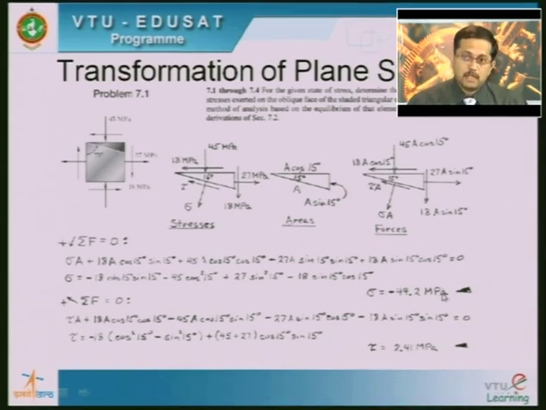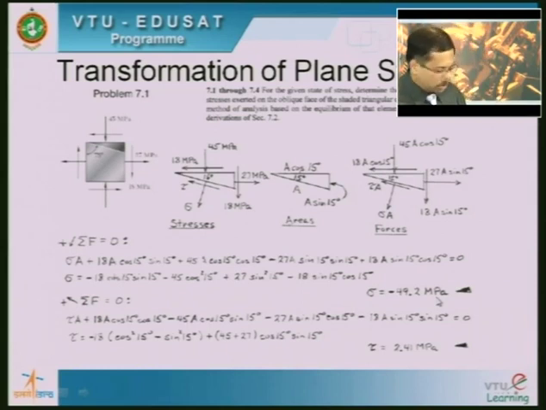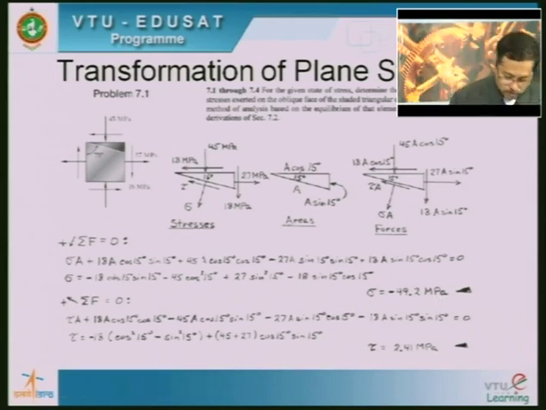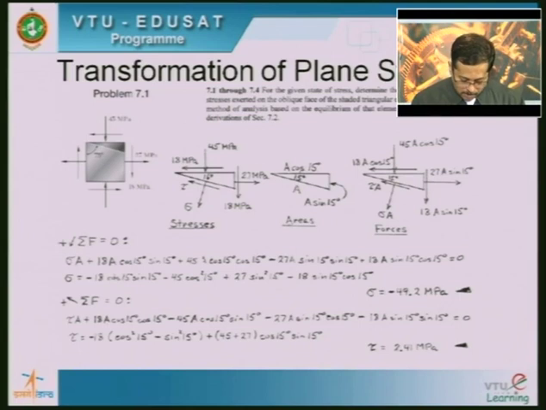Now, I got this because I solved this problem from the first principles, that is resolving all the stresses, first converting all the stresses into forces and then resolving all the forces along the normal axis and then getting the value. So, from this I get this equation. Now, we have derived the expression when we took sigma and tau as the general expression and solved it.